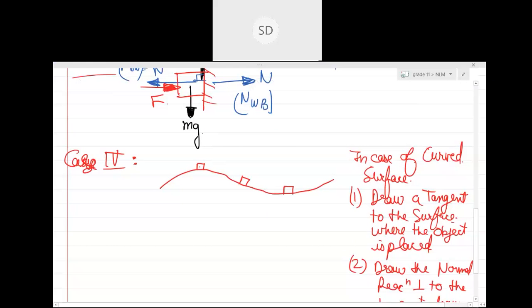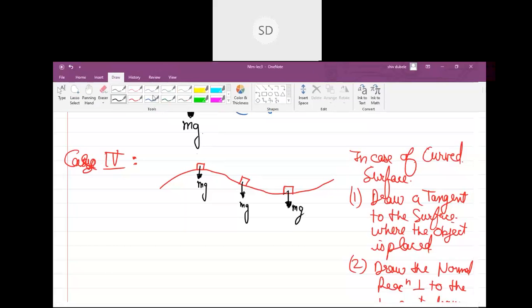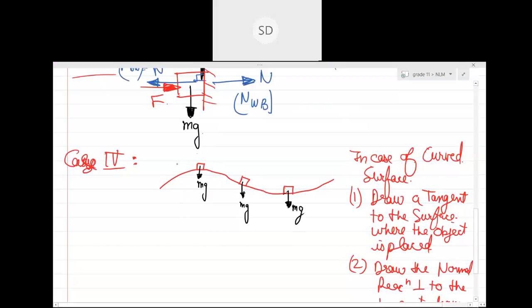Okay, in every case, mg was acting downwards towards the center of Earth, right? Mg was acting towards the surface of Earth. Yes or no, guys? Mg is always acting vertically down because the objects are very small, and this is your normal ground surface. But it's not horizontal; it's a little bit curved. So how will you draw the tangent over here? I'll draw a tangent like this.